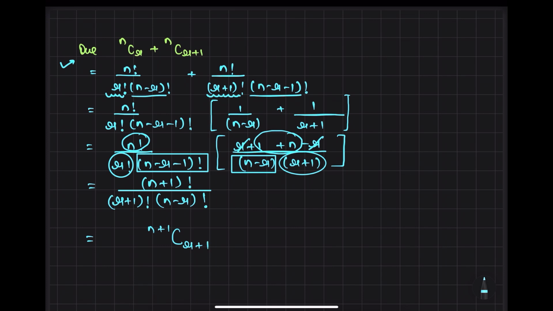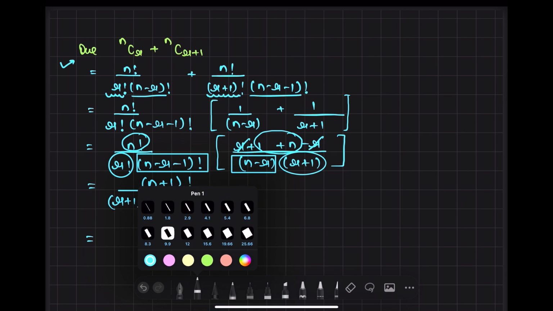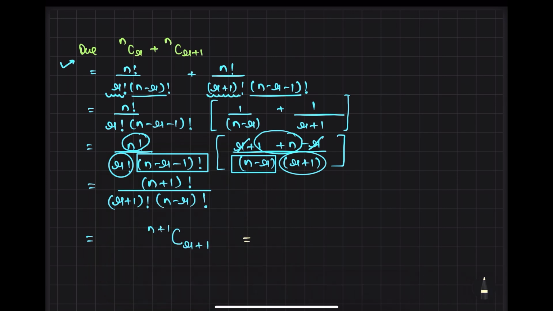Do you think it is right or wrong? Okay, I will help you in this part. I will open this bracket. So can I write n plus 1 factorial by r plus 1 factorial into n plus 1 minus r minus 1 factorial.